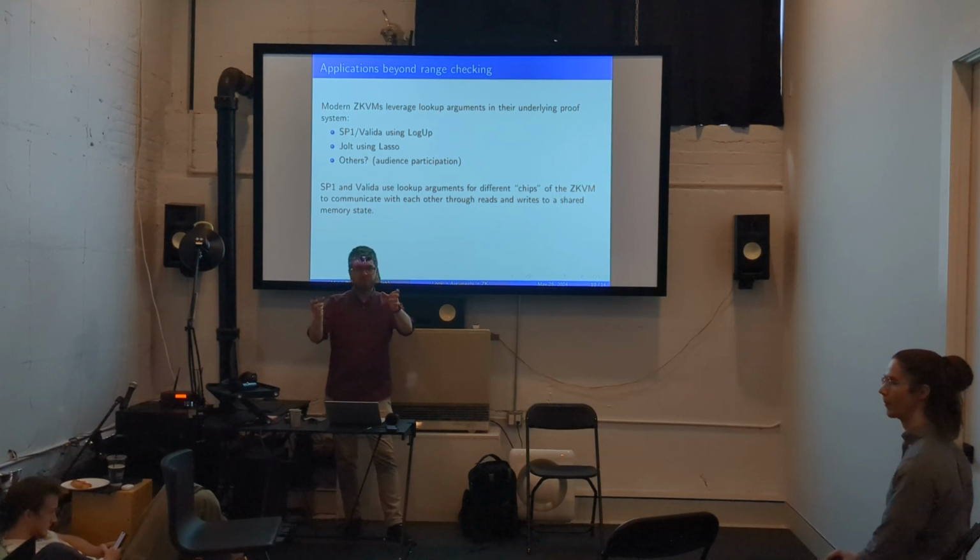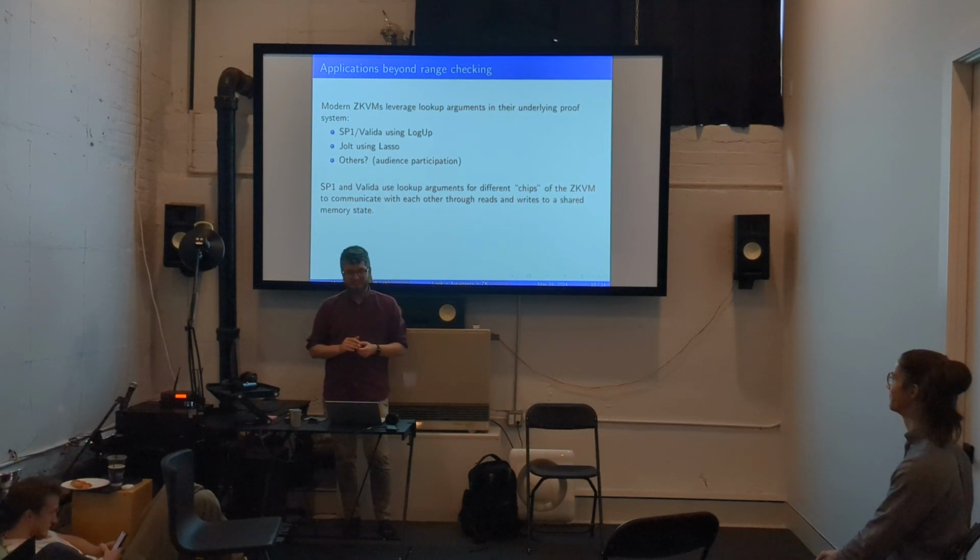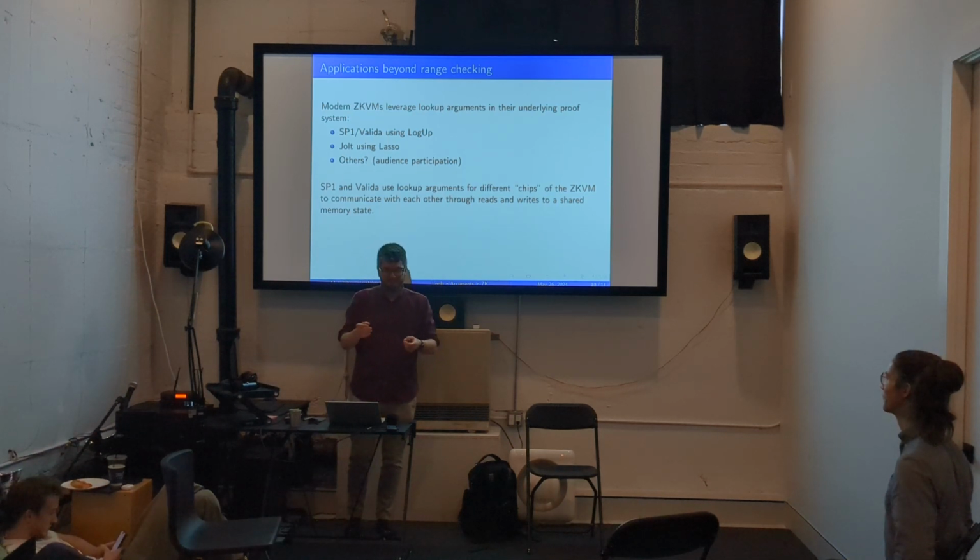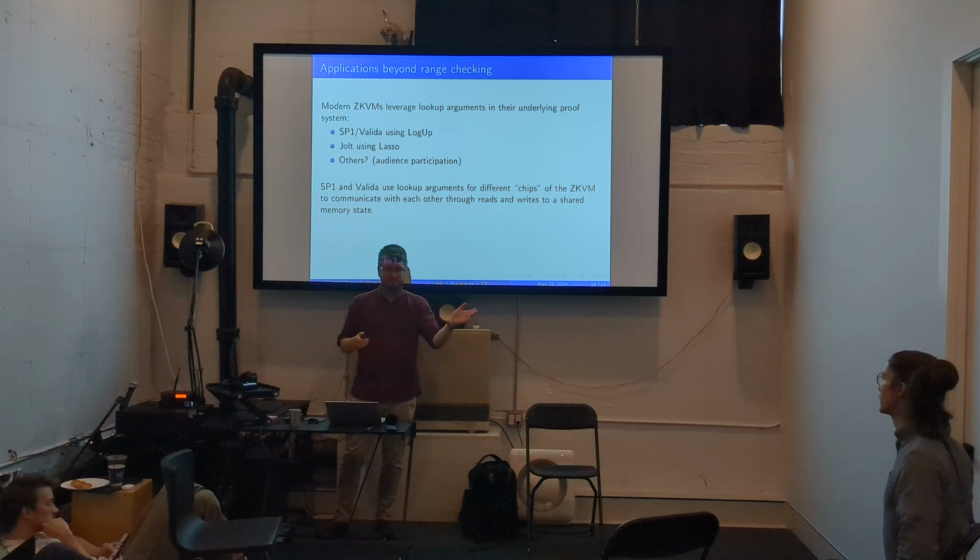To get a little into the weeds, you have these extra read-write columns that you add to all of your chips, and you keep track of multiplicities, and there's an extra round of interactivity at the end where you accumulate this logup accumulator. At the very end of the program, it's like, is this thing 0, essentially? Does this polynomial equal this other polynomial? If it does, then you can be confident that your ZKVM is operating correctly, and if it doesn't, then someone's trying to cheat.